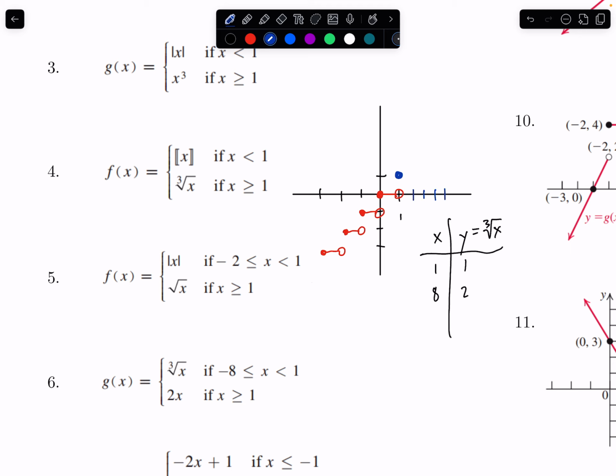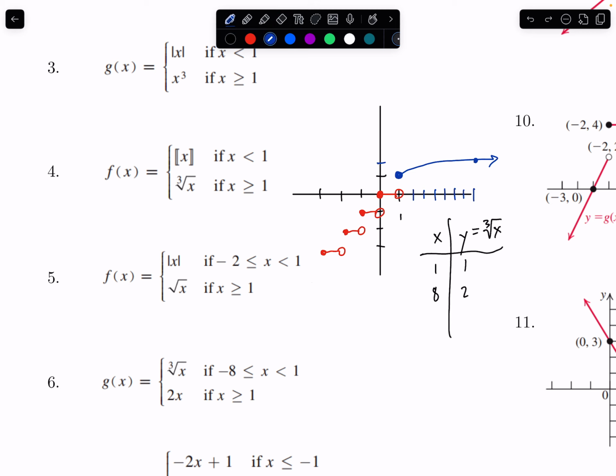So 1, 1, right? And 1, 2, 3, 4, 5, 6, 7, 8, and 2. Okay, my scale is off, but the general idea is like that. And then remember the cube root function looks something like that, yeah? The actual cube root function goes like this, right? But I only want this piece from 1 onwards. So there's my graph.